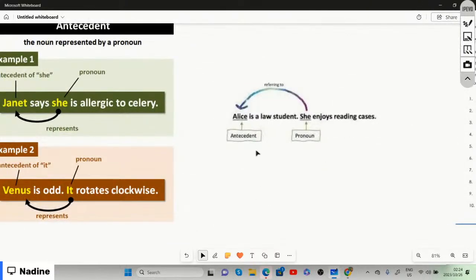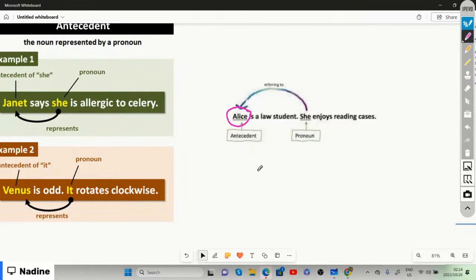And then the last example is Alice is a law student. She enjoys reading cases. So basically, our antecedent or our noun is Alice. Alice is a law student.